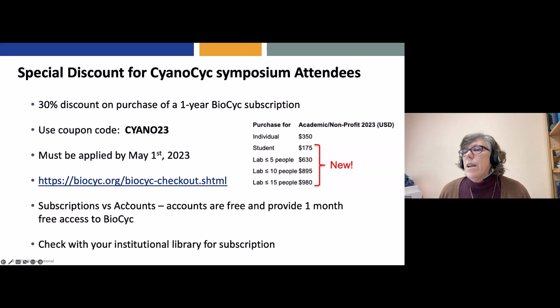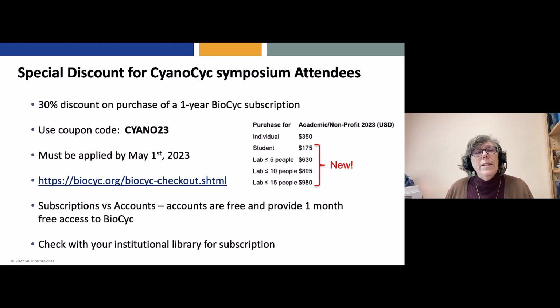And again, I also want to point out that there's a difference between subscriptions and accounts. The subscription is paying for access. An account is free, and it allows you to save information that's specific to you, such as smart tables that I'll be talking about, to your account.